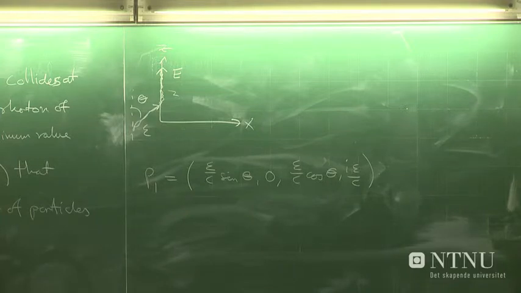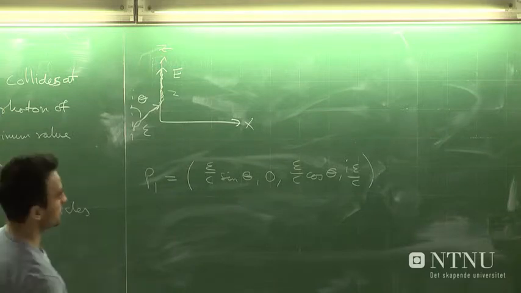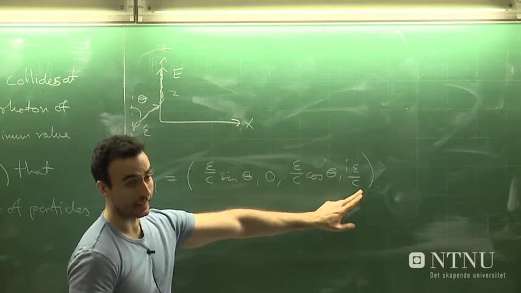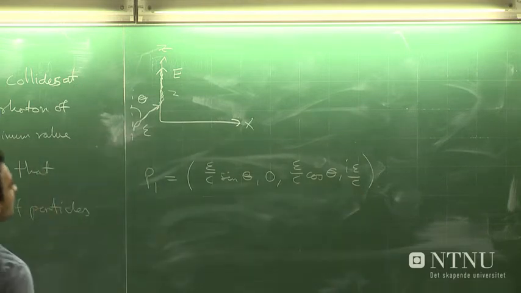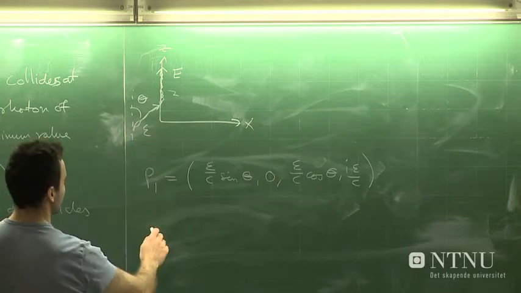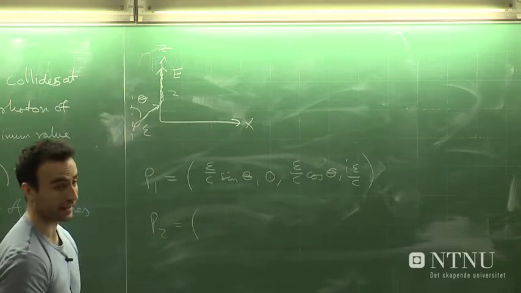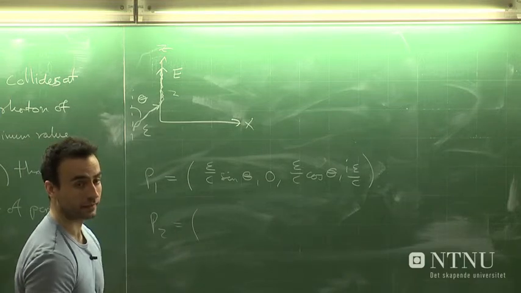I've used here that the momentum of a photon is its energy divided by c. So there's a component in x direction, y direction, and the following energy. So that's photon 1. Photon 2 is moving along the z-axis in this particular frame.